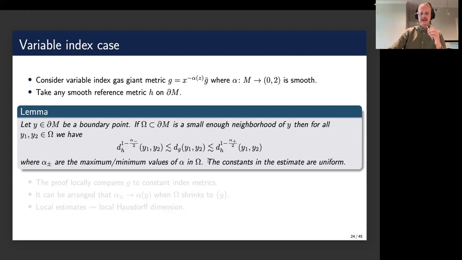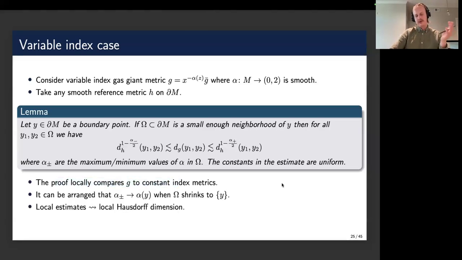And the constants in these estimates are also uniform. So basically, you can get a similar result from before, but now you get it locally: this power type comparison to some metric on the boundary.